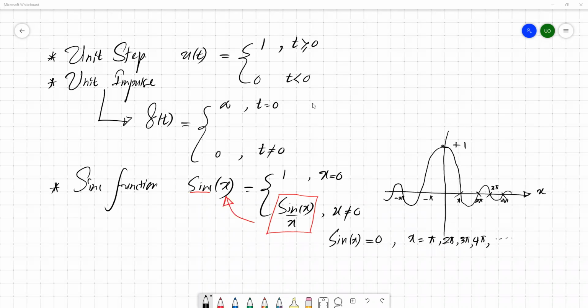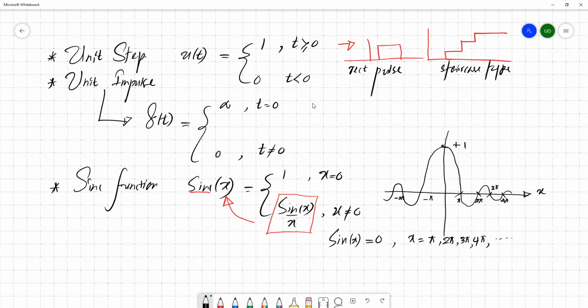Why we need the unit step is so that you can replace rectangular type pulses and staircase type functions or signals.